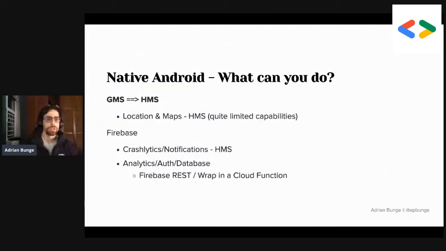Anyway, so what can you do to combat this on native Android? Well, you can use Huawei's HMS. So HMS is Huawei Mobile Services, basically the plug and play, not really, but the hopeful plug and play replacement for GMS.